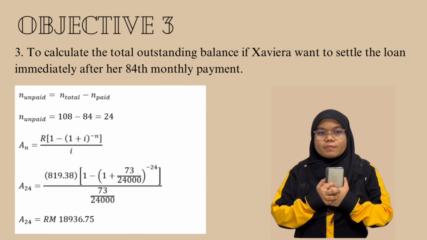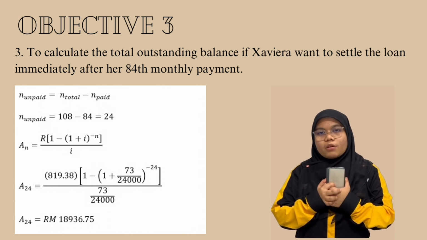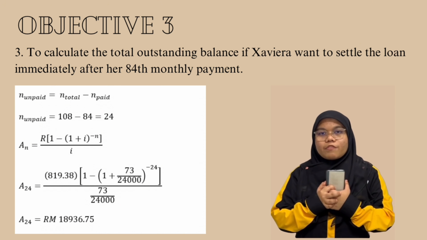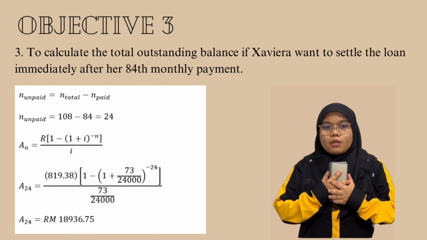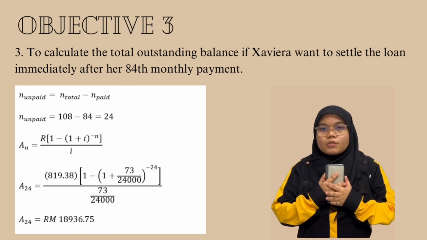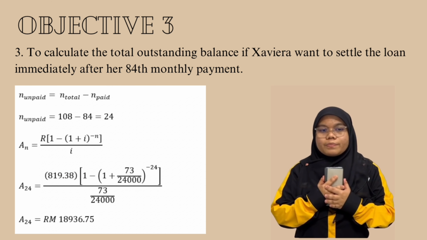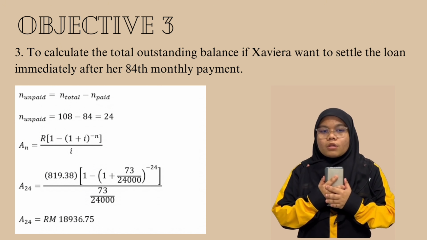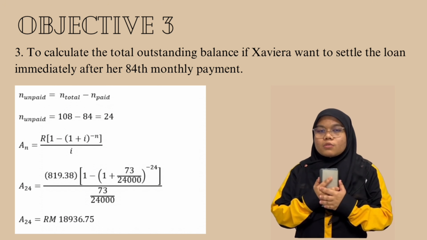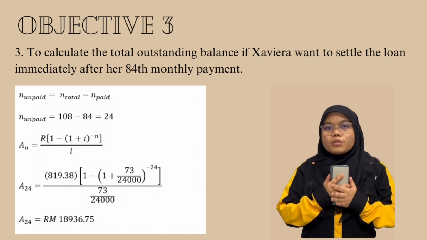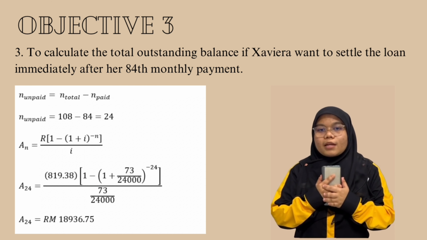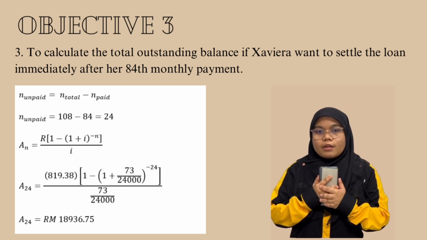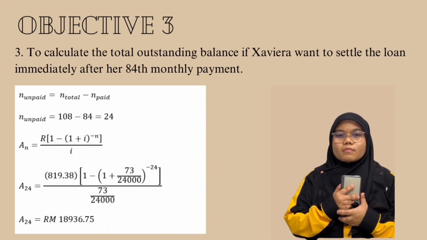Now we are at objective 3, to calculate the total outstanding balance if Zavira wants to settle the loan immediately after her 84th monthly payment. To find n unpaid, we use the formula n unpaid equals n total minus n paid. n unpaid equals 108 minus 84 equals 24. Another formula we use is A_n equals R multiplied by [1 minus (1 plus i) to the power of negative n] divided by i.